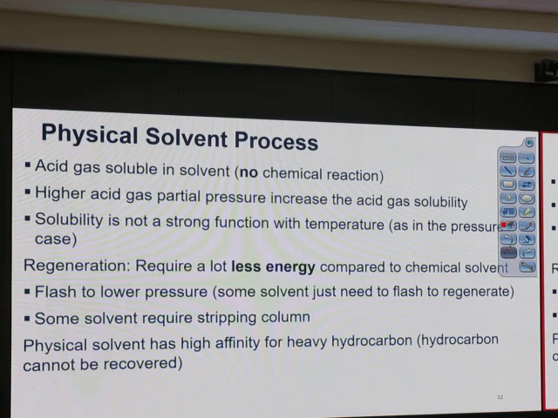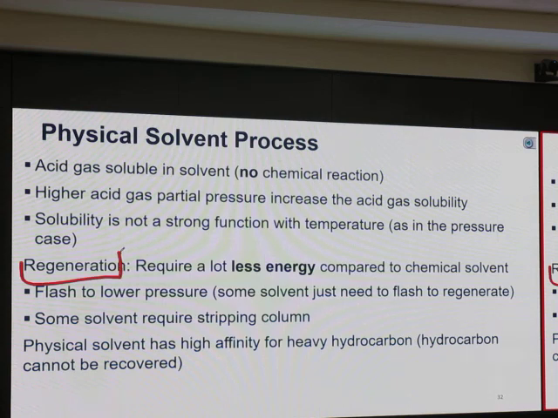Higher partial pressure means more concentration of acid gas. Solubility is not a strong function of temperature. So is that good? It's more sensitive to pressure, and you will see what we do to regenerate it. Regeneration requires a lot less energy compared to chemical solvent.